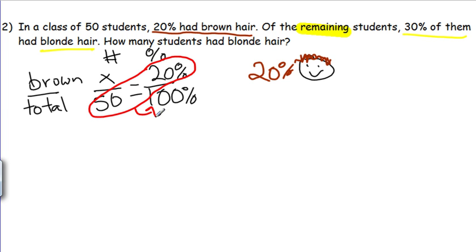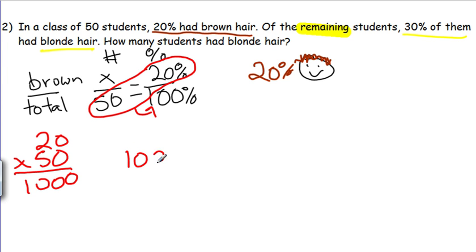So we have 20 times 50, and that's going to give us 1,000. We take that number, we divide it by 100. And how many times can 100 go into 1,000? Well, if you just count by 100, you get 10.